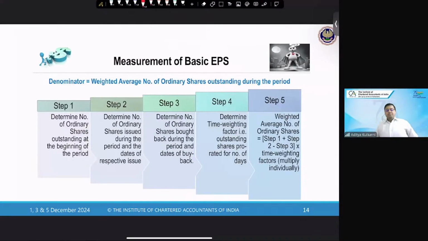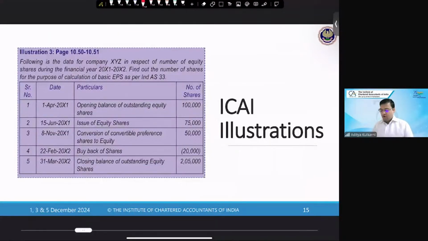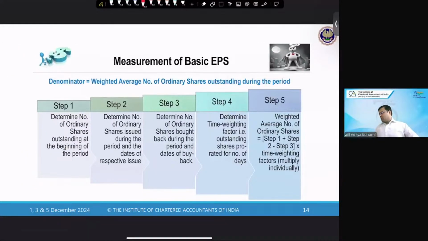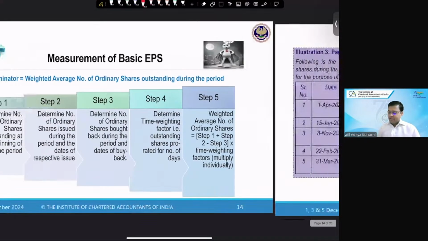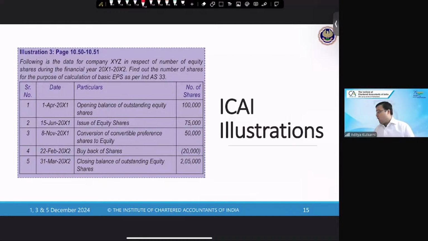All right. Now we come to certain other easy parts, things which you have already studied, which you already know. Just a quick sum up of that. Denominator equals weighted average number of ordinary shares outstanding during the period. So basically, I will weight it for time. Steps are given, but I think when we do the questions, you will understand the steps automatically. Following is the data for company XYZ in respect of number of equity shares during the financial year X1, X2.